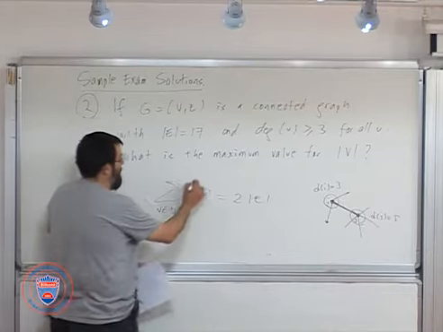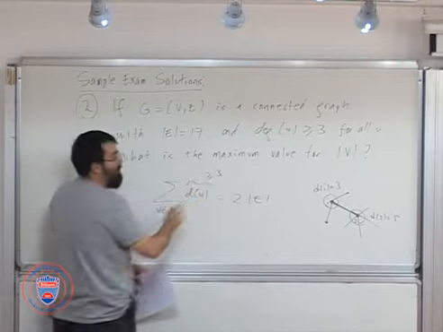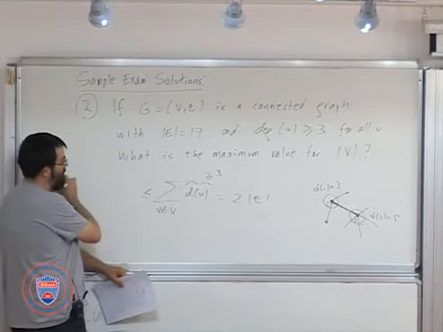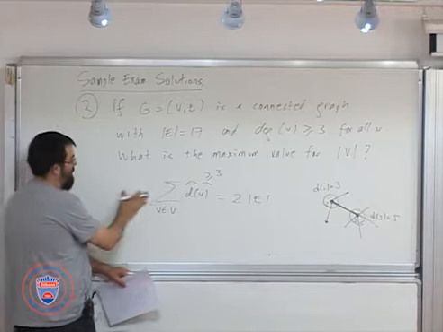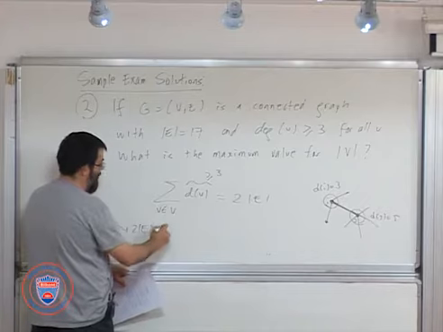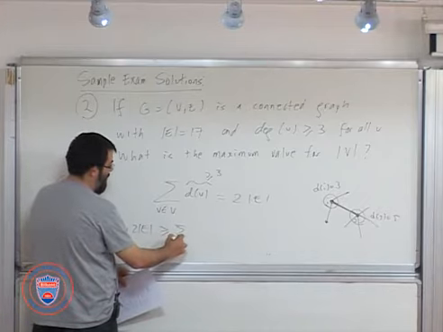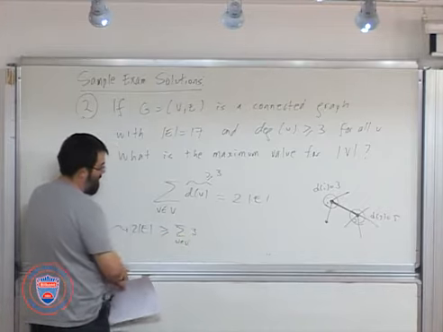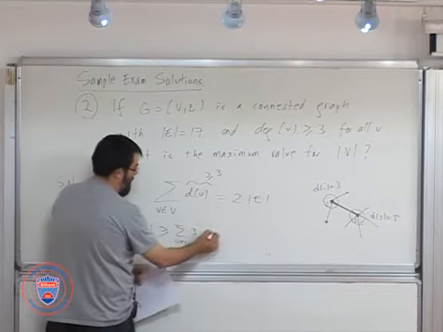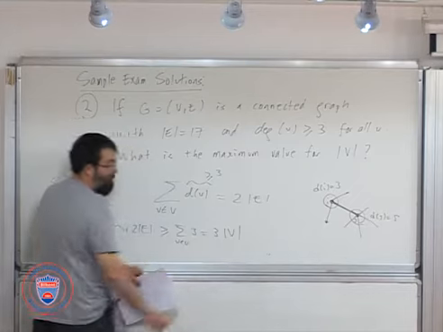Now, if you know that each of these degrees is bigger or equal to 3, from this you get that 2e will be bigger or equal to the sum of all these 3's, which means 3 times the number of vertices.